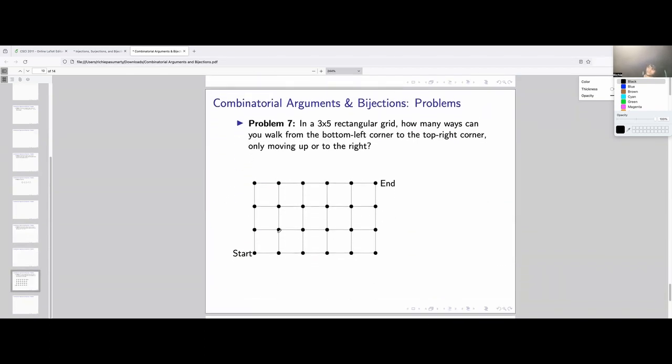Okay, let's do another very classical example of using a bijection. Let's say I have this rectangular grid and I'm trying to count the number of ways I can go from the bottom left to the top right corner, and I'm only allowed to move up or to the right. For example, here's one path.